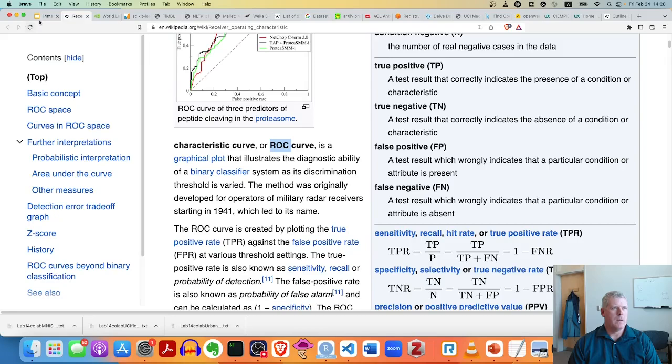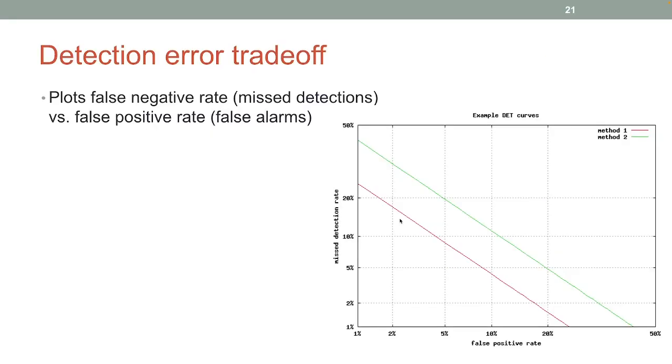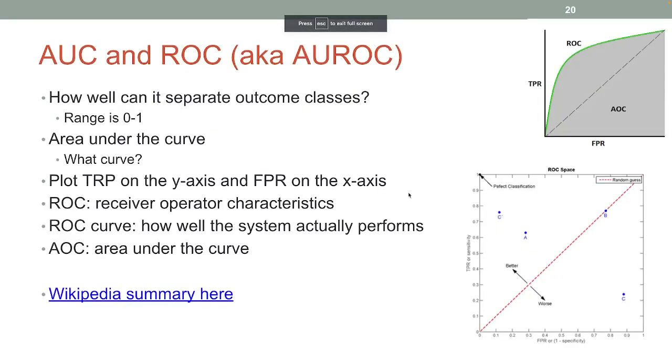Okay, well, anyway, so that's the idea here. Looking at the bottom right plot of this slide first, we see that on the y-axis we have the true positive rate, or sensitivity. And so we want this to be high. Like a perfect classification would have 100% true positive rate and 0% false positive rate. That would be the perfect classification system. So we want to be above this diagonal, right?